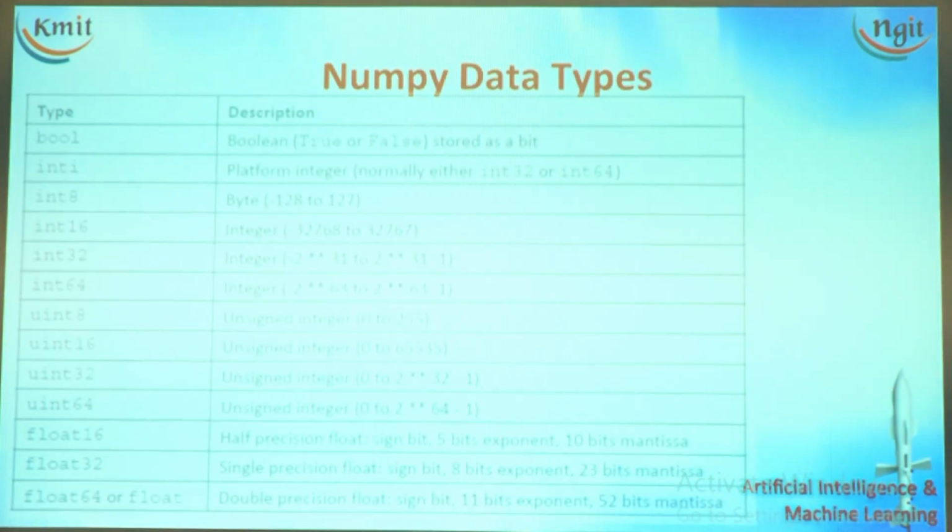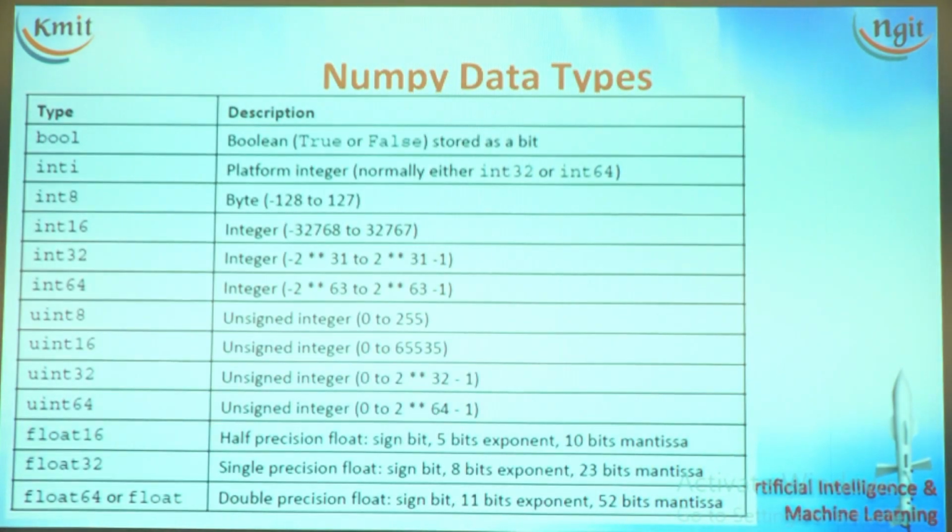Now, these are the various data types that you can work with in NumPy. As I told you, it is a homogeneous data holder. So what are the data types that it is going to support? It can support a boolean, which can give you a true or false value. It can give you an int, which is a platform integer, either int32 or int64.